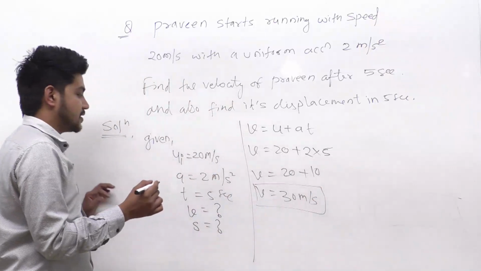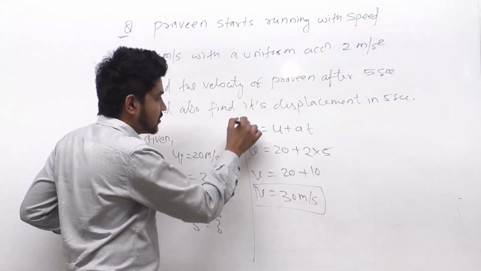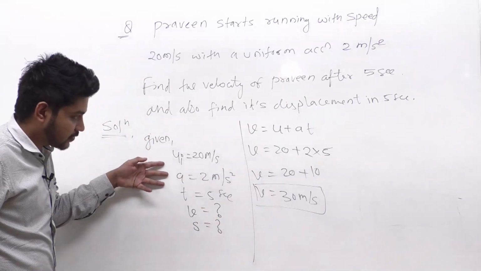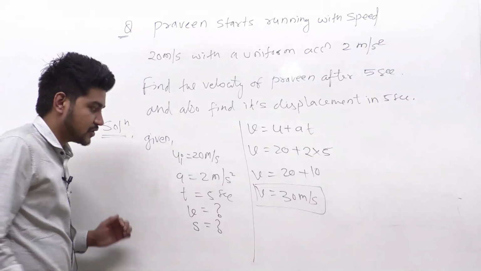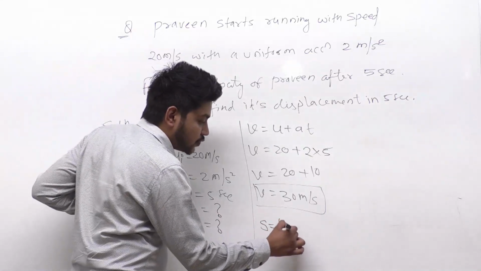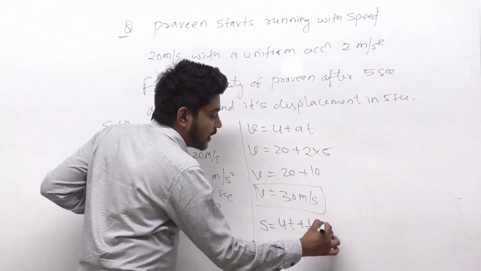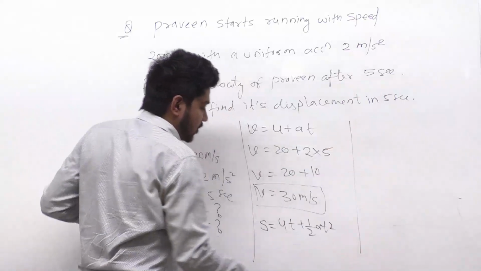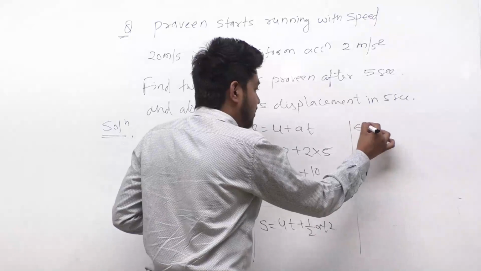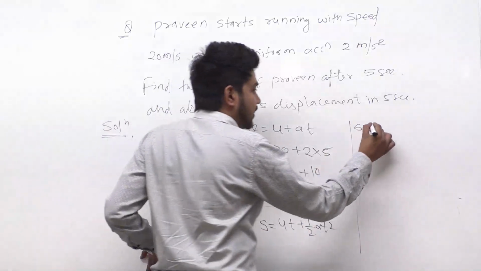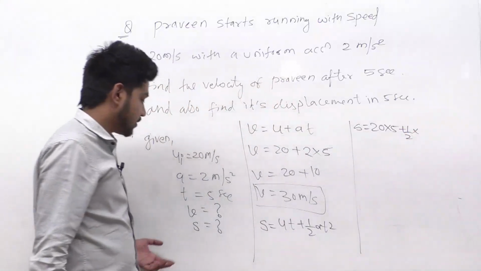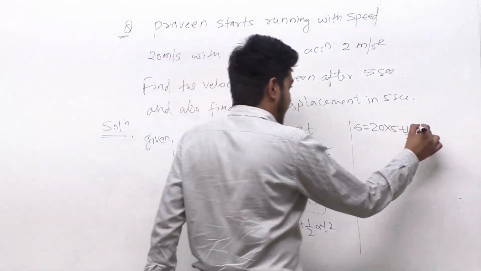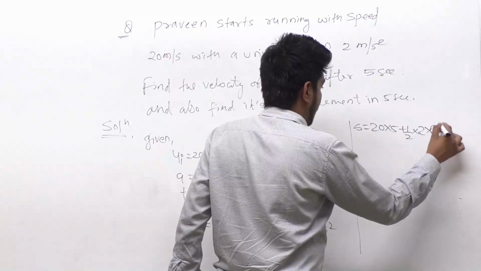Second part asked in the same question is displacement. By using these data, we can use any of the equations. So I am using this equation, s is equal to ut plus half of at square. Displacement is equal to initial velocity, 20, into time 5 seconds, plus half of acceleration 2 into 5 square.